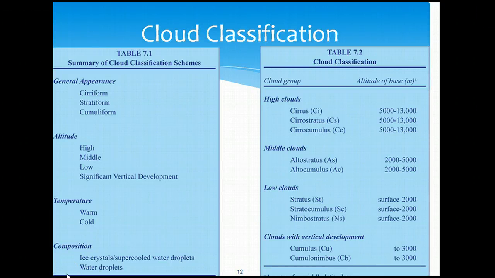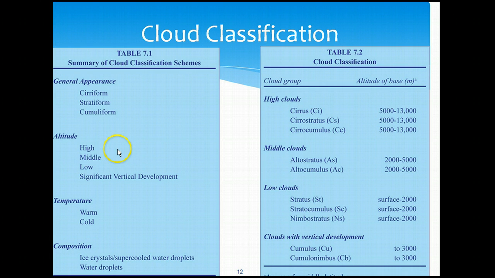If you look at Table 7.2, you'll see that these terms that we've used in terms of general appearance are associated with cloud groups and names of these particular clouds, which give us the specifics for cloud classification that we have listed here.